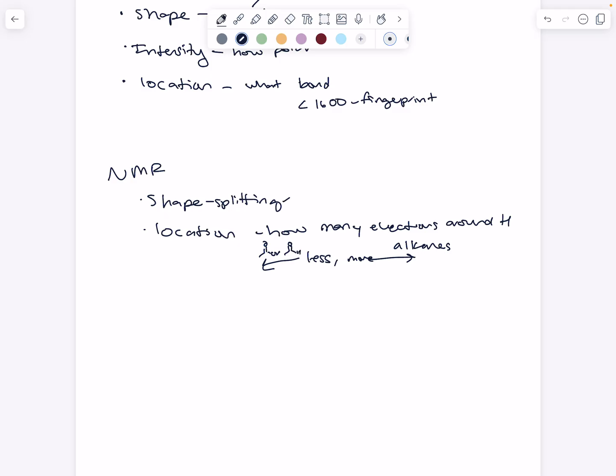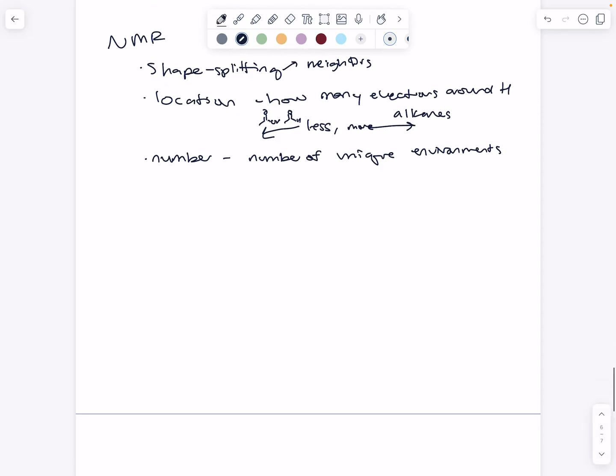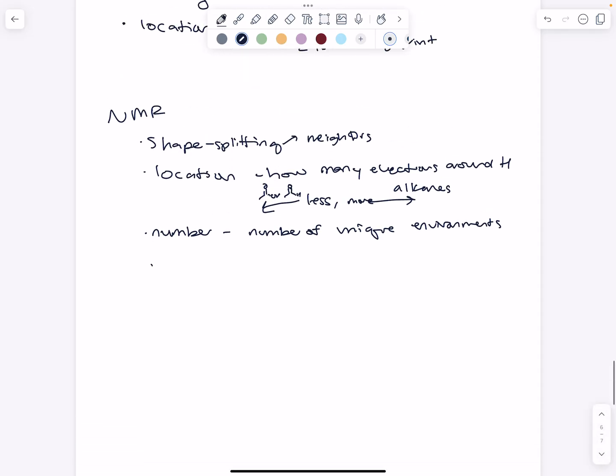The shape and splitting has to do with the neighbors. I forgot the most basic: the number of peaks has to do with the number of unique environments. And then the integral, or the intensity, the area under it, is equal to the number of hydrogens at each location.